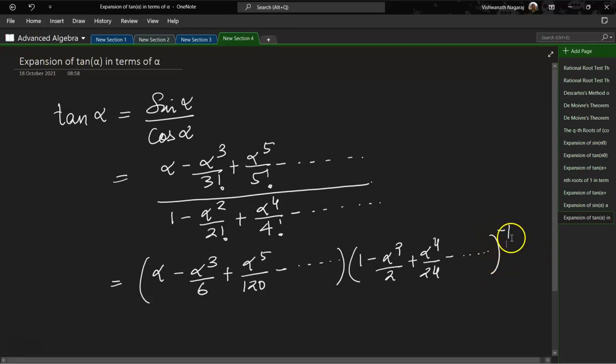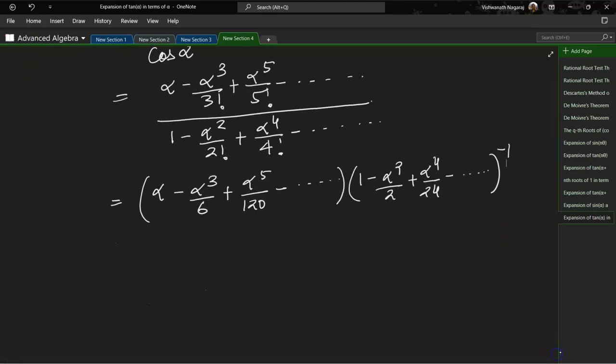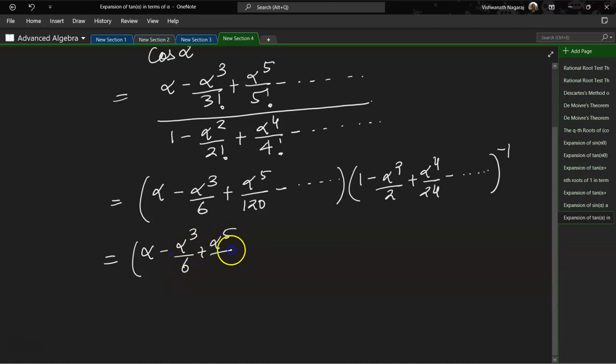Now here we need to evaluate the negative power of 1. So let's write it as it is: alpha cube by 6 plus alpha 5 by 120 minus dot dot dot.